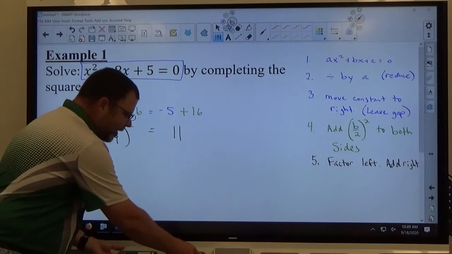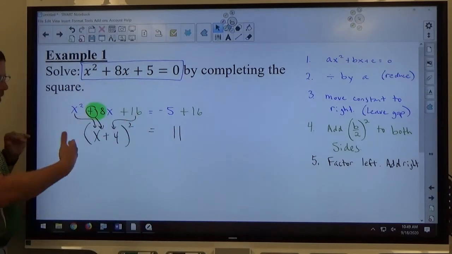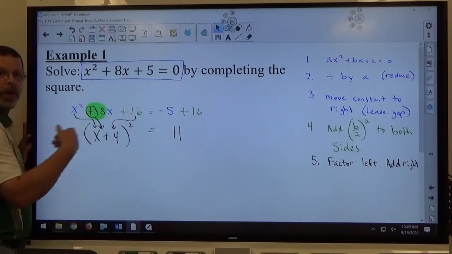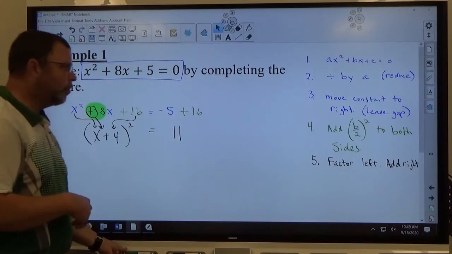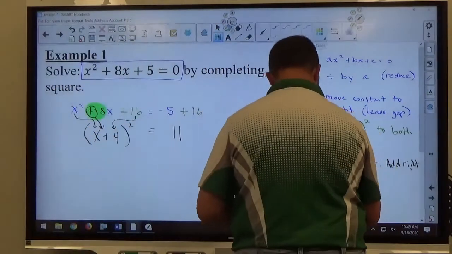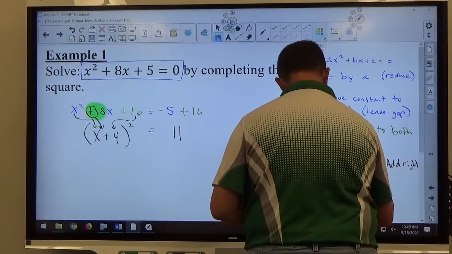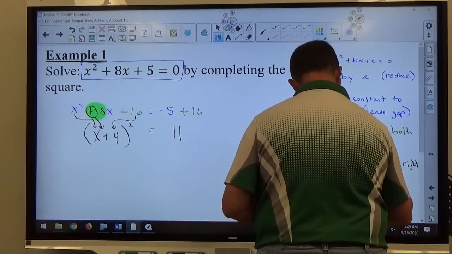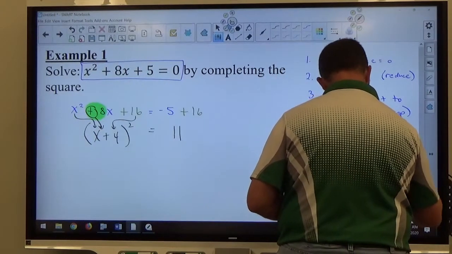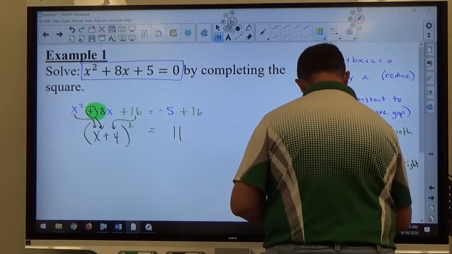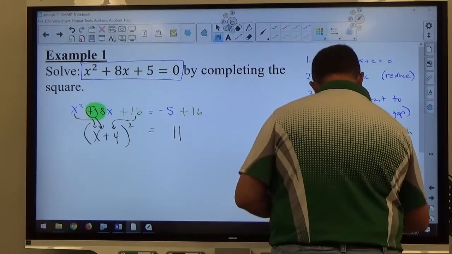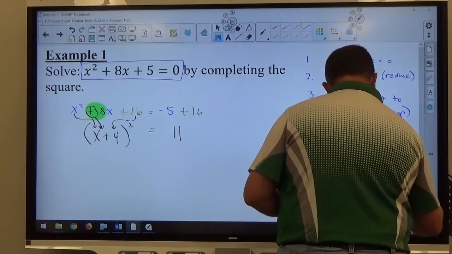So, next thing, you're going to have this structure every time. You're going to have a parentheses squared equals a number every single time. You're going to square root both sides. Plus or minus on the right side.